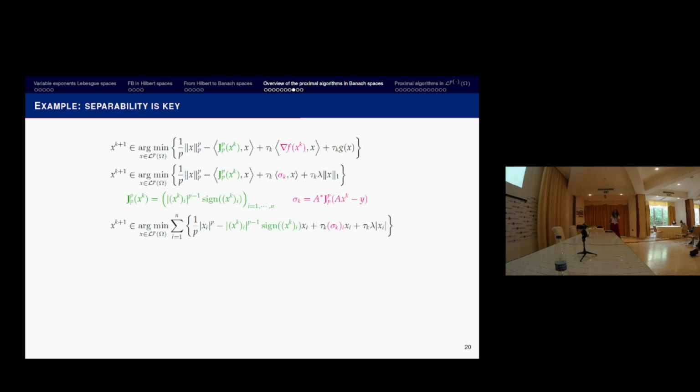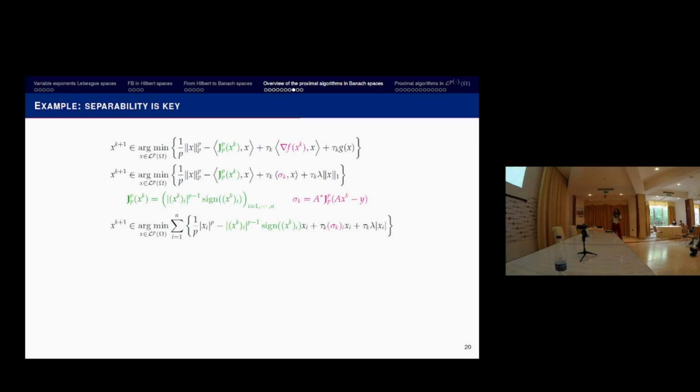I recall the definition of duality maps, that is the one in green, and then in pink you can see the gradient of f evaluated at xk. That is an element of LQ, since LQ is the dual of LP.